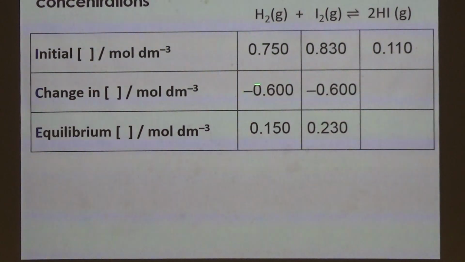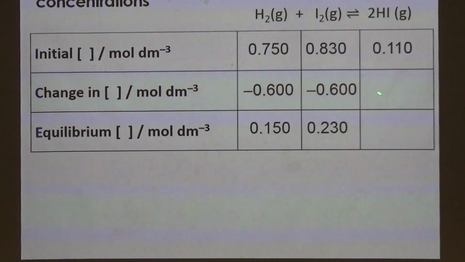If this amount reacted, the same amount must react. The volume is the same, so the concentration change is the same also. So 0.830 minus 0.600, you get 0.230. That is the equilibrium concentration.